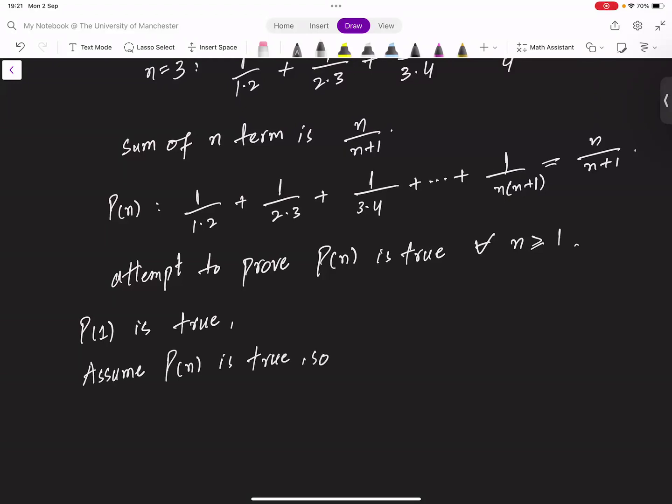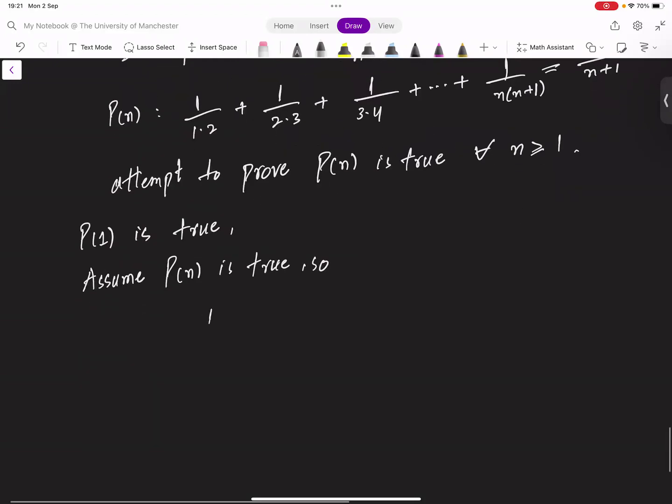So 1 over 1 into 2 plus 1 over 2 into 3 up to 1 over n into n plus 1 is n over n plus 1.